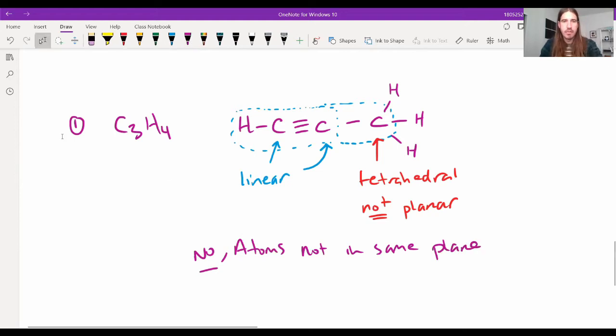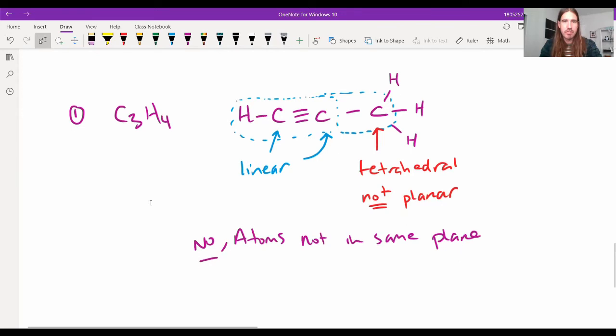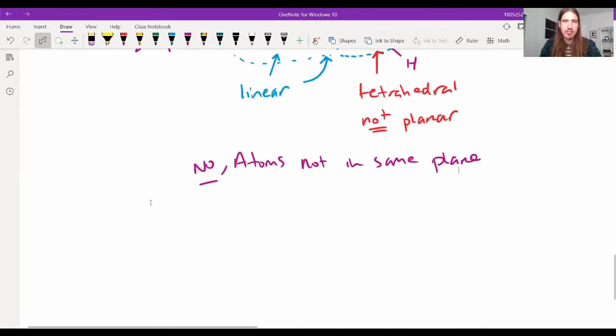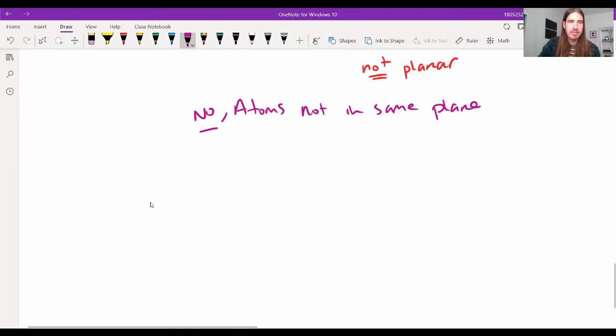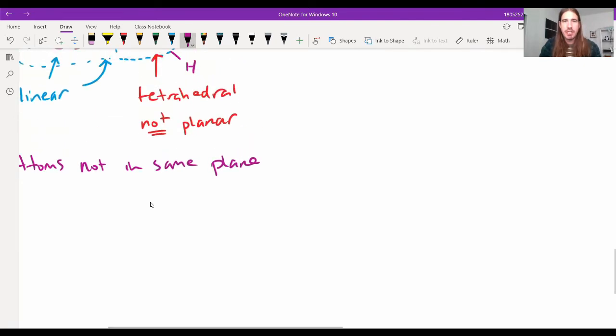All right. And again, when you get to one of those geometries that's not planar, like tetrahedral or pyramidal, for example, those are all three-dimensional. Oftentimes, too, if you were to see a depiction of a tetrahedral atom or maybe a pyramidal atom, you have the dashes and wedges.